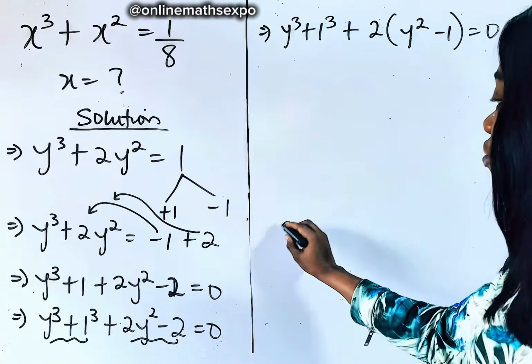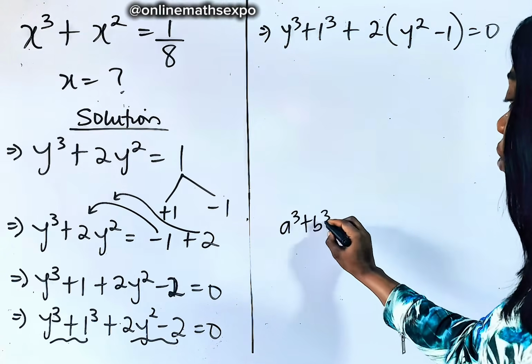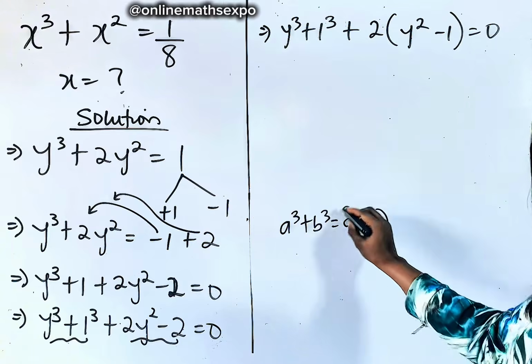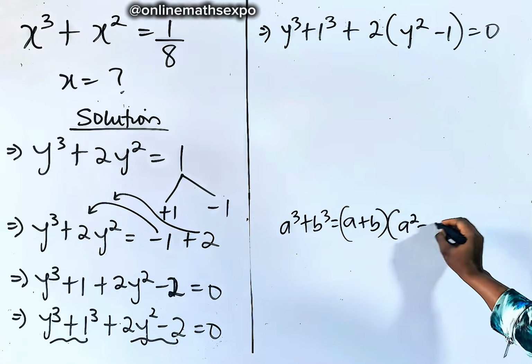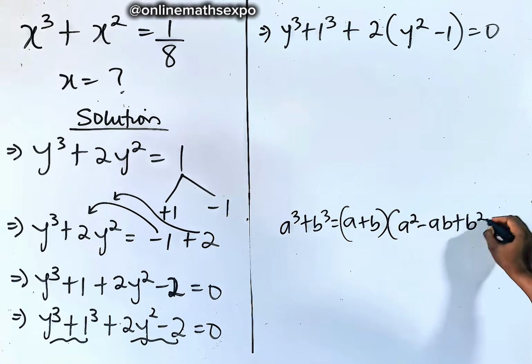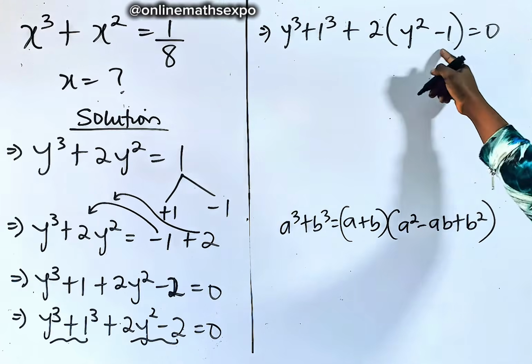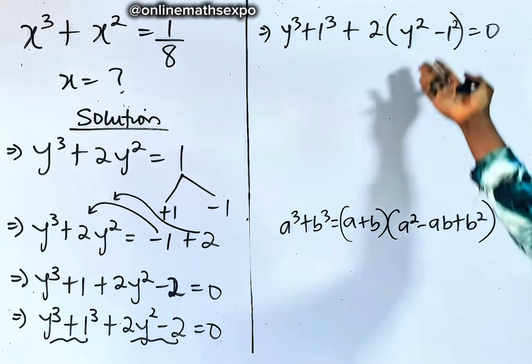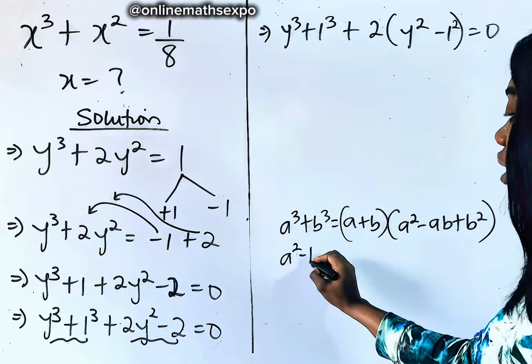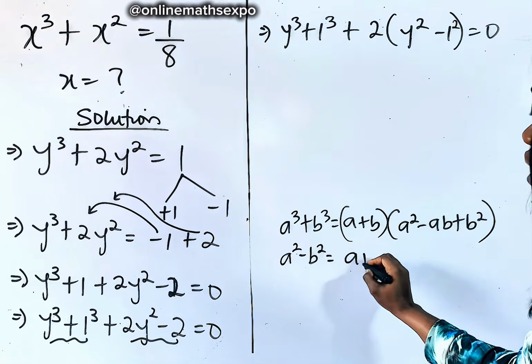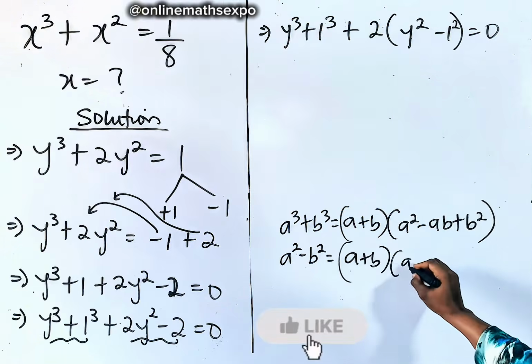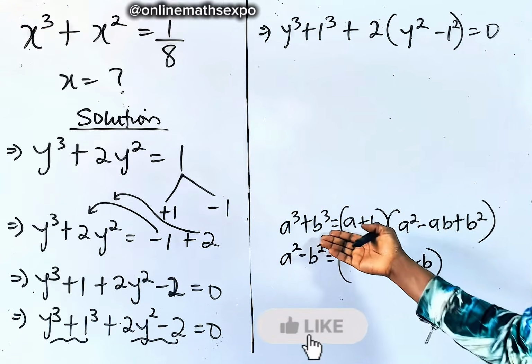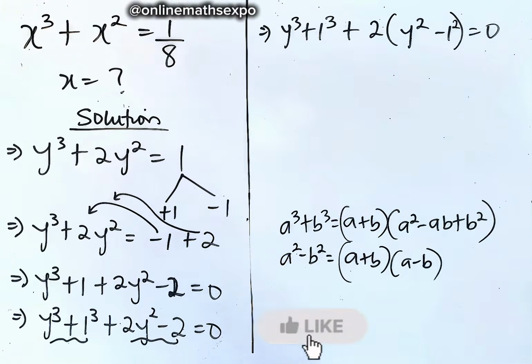Just remember, for every a cubed plus b cubed is a plus b into a squared minus ab plus b squared. And this is the same as having squared on the 1. It's the same thing. So for every a squared minus b squared, it is a plus b into a minus b. So let's apply these identities.